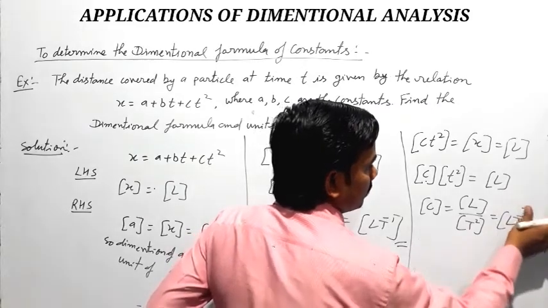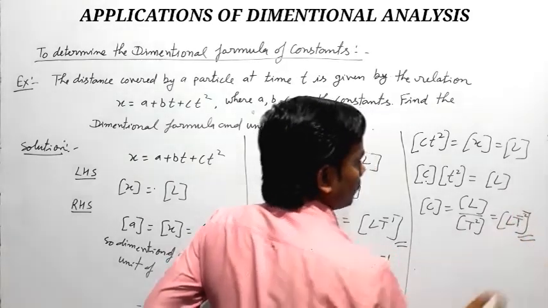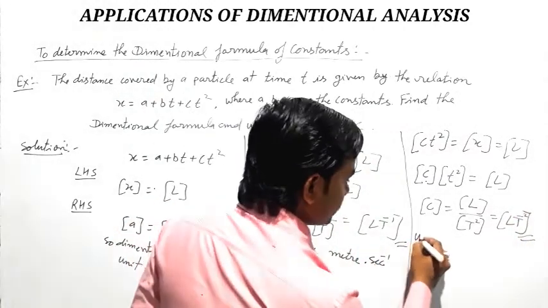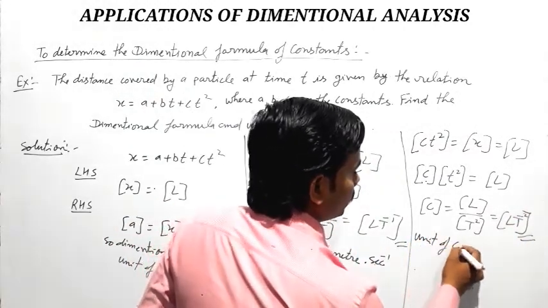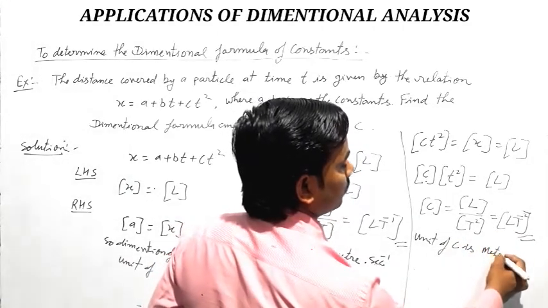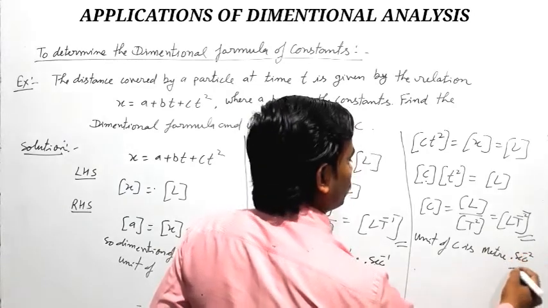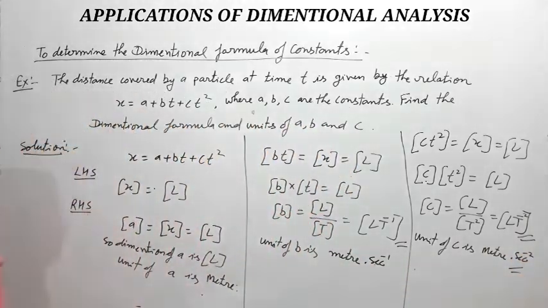This is the dimension of c, and the unit of c is meter into second to the power minus 2. This is the final answer of this question.